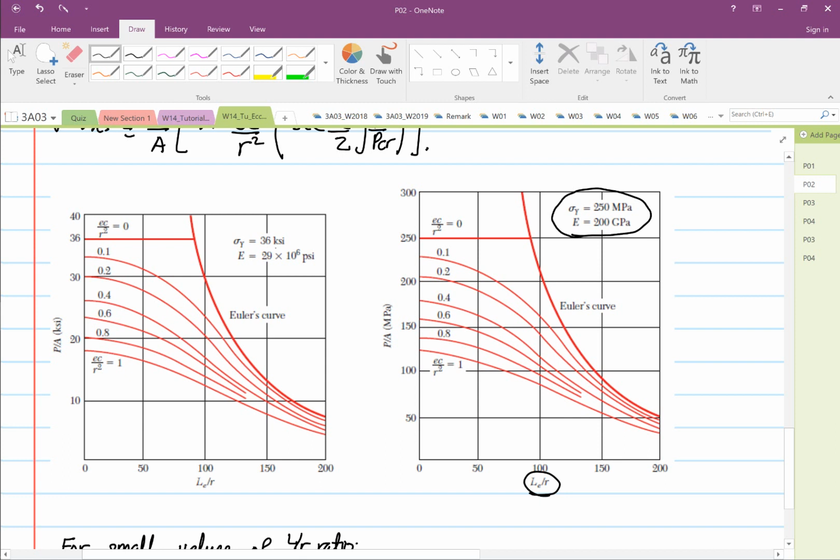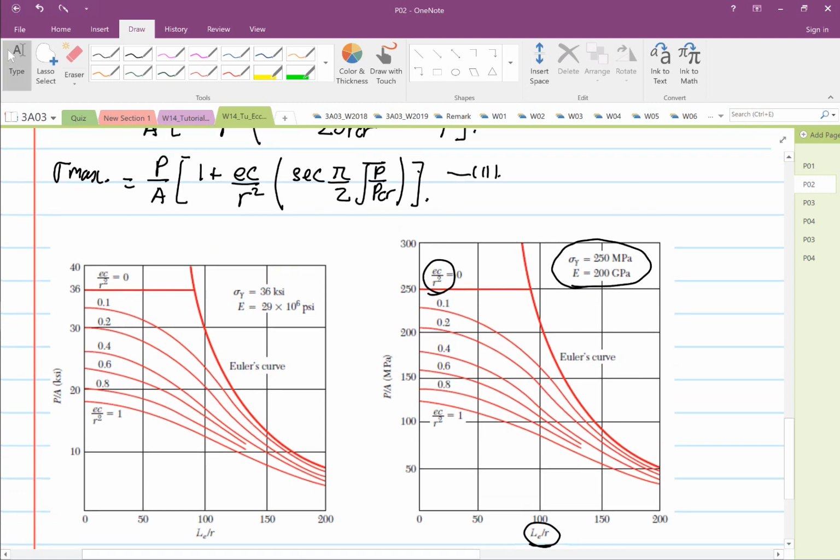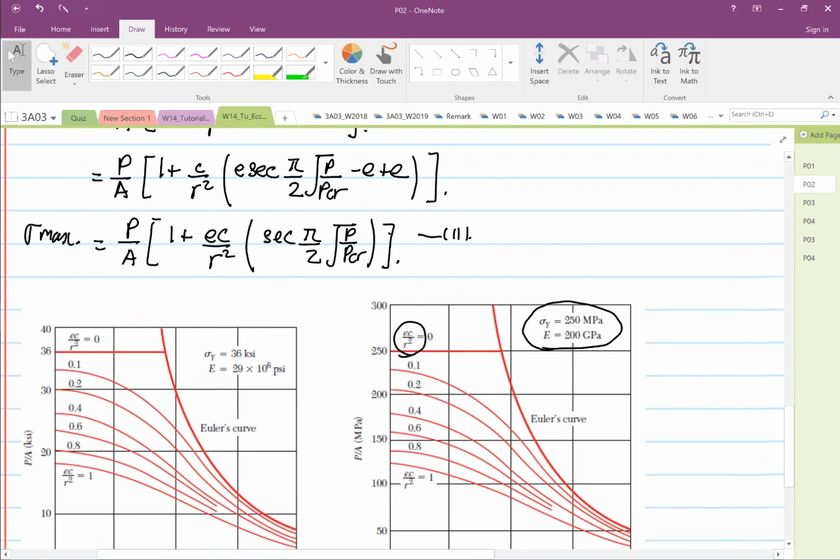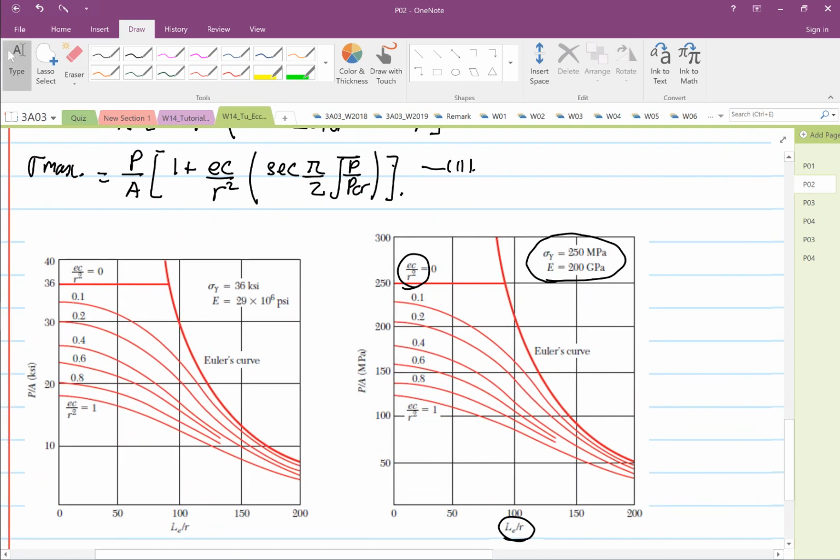You have to find your Le over r, you have to find your eC over r squared. E is the offset, C is the maximum distance from the neutral axis, r is your radius of gyration, and then you find your Pc over A, you have your Le over r, then you find your critical load over A. As I said, this graph is acquired from experiment.